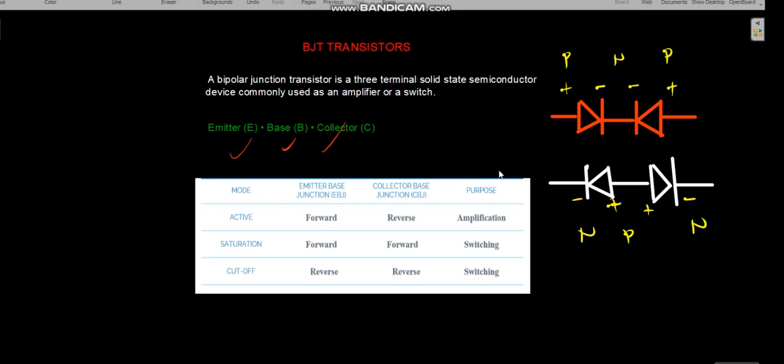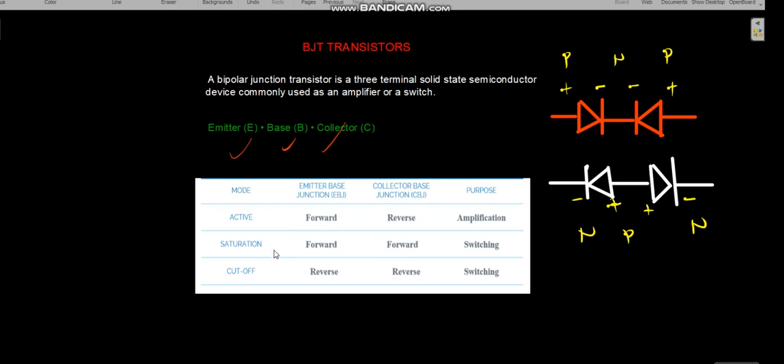Now let's look at the modes of operation of transistors. Transistors have three modes of operation: the active mode, the saturation mode, and the cutoff mode. In the active mode, the emitter-base junction is forward biased and the collector-base junction is reverse biased, and this is used for amplification.